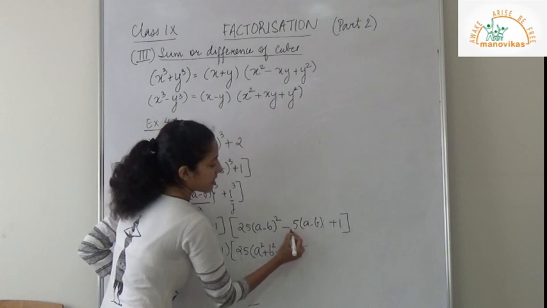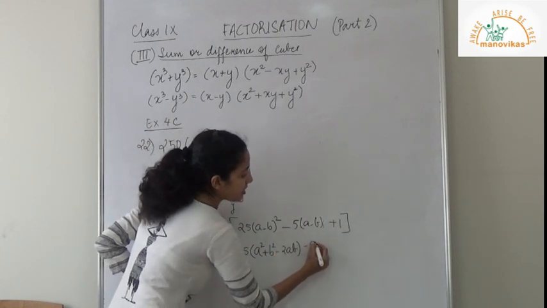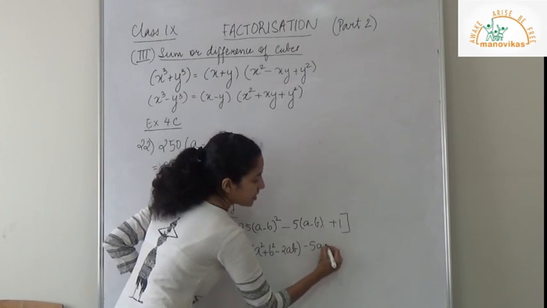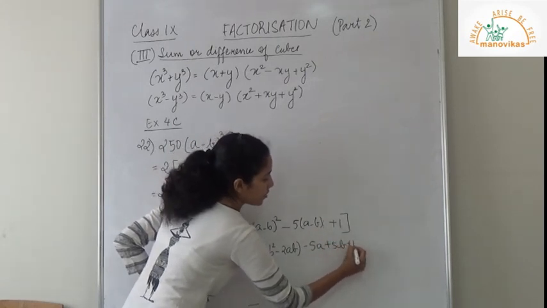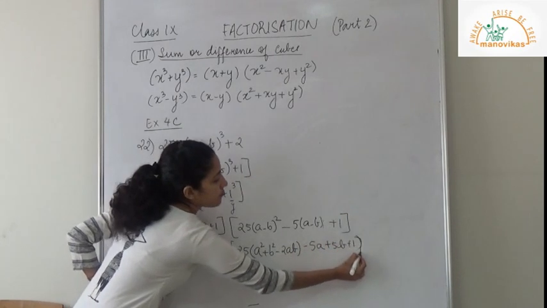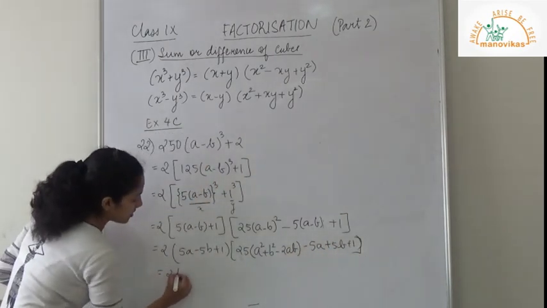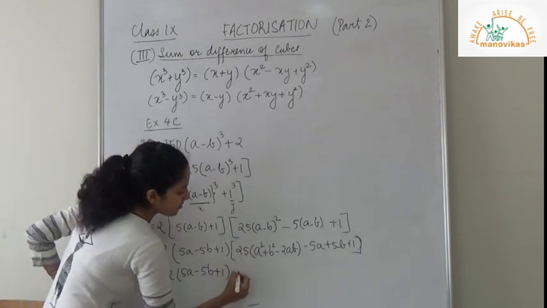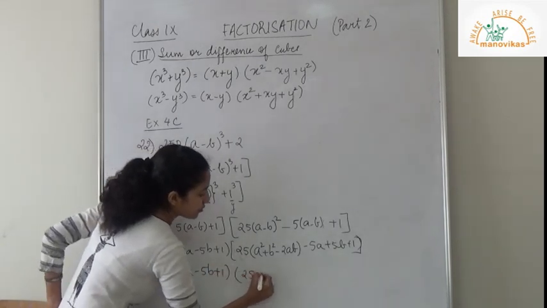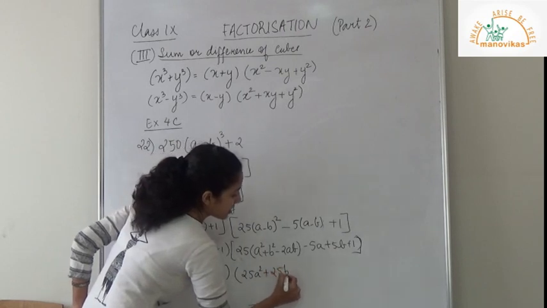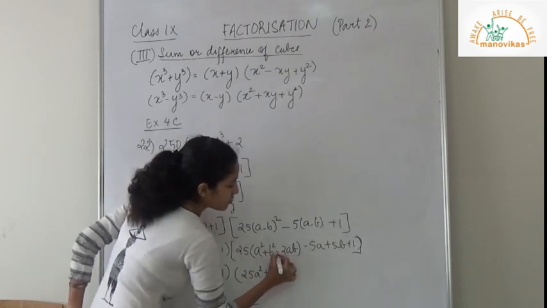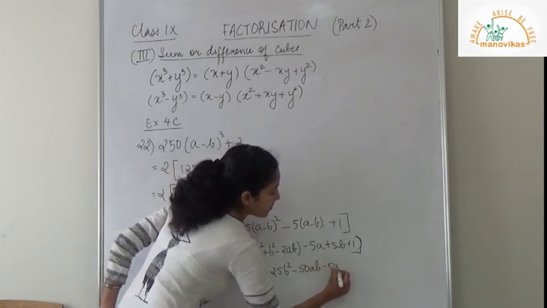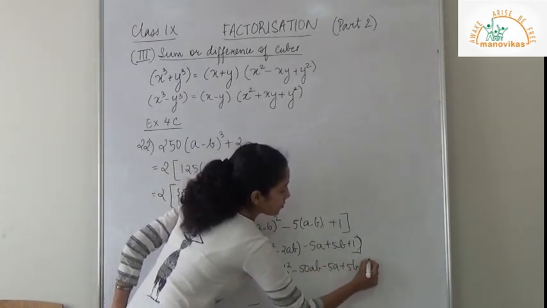And opening up this bracket, minus 5 multiplied by a is minus 5a, minus 5 into minus b is plus 5b, plus 1. That is 5a minus 5b plus 1. Opening up this bracket, I get 25a square plus 25b square, 25 into negative 2 will be minus 50ab, minus 5a plus 5b plus 1.